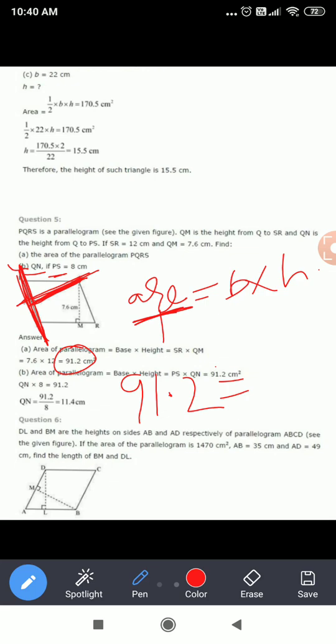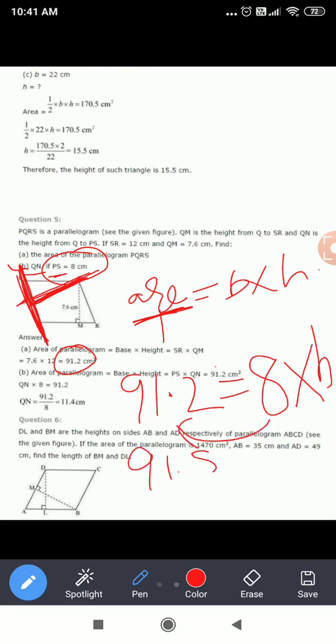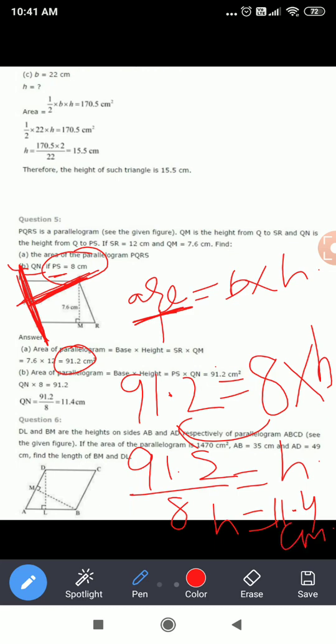And PS is given to us 8 centimeter. So, we will put the base 8 centimeter and we have to find the height. So, it will be divided. And after division, we will get the height as 11.4 centimeter.